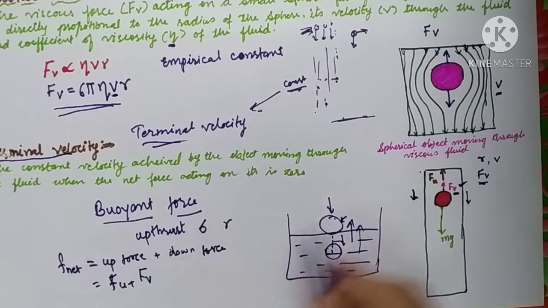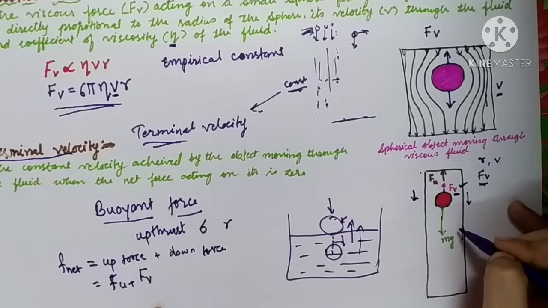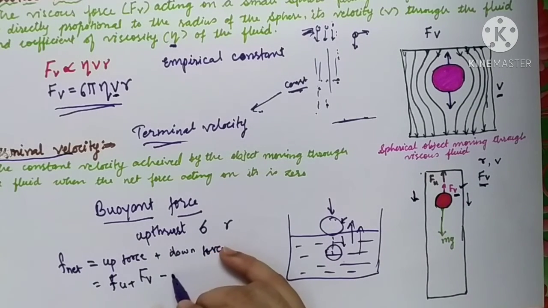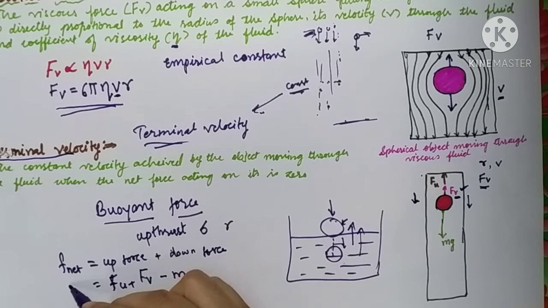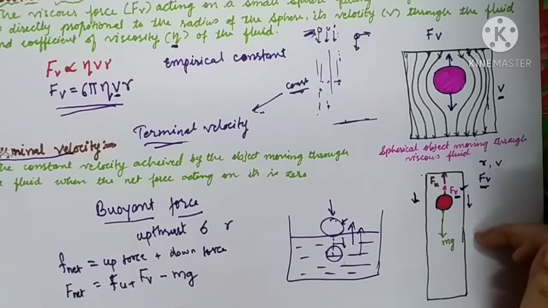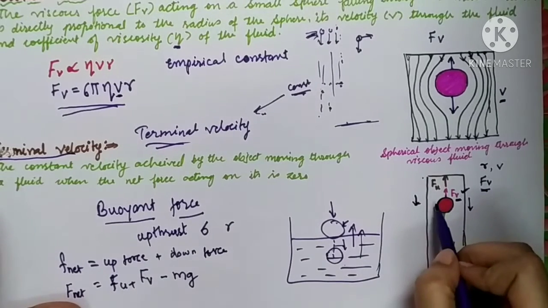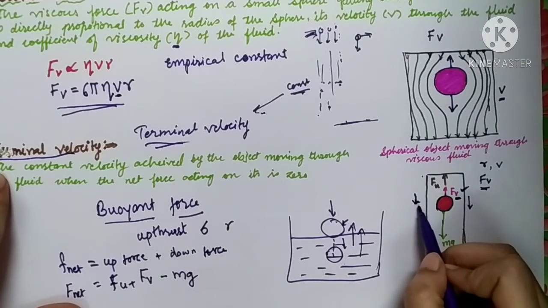And after that, since the gravitational force is directed in a downward direction, minus mg, because it will be negative. So this is the total force or net force acting on the spherical object when it is moving through the viscous fluid. So initially the velocity of the sphere goes on increasing.